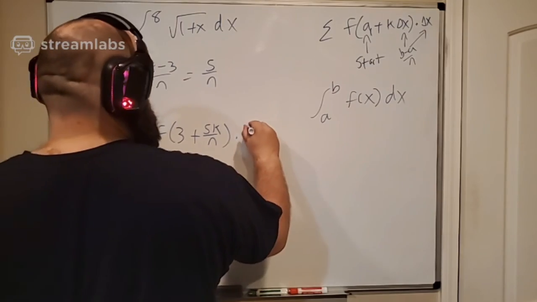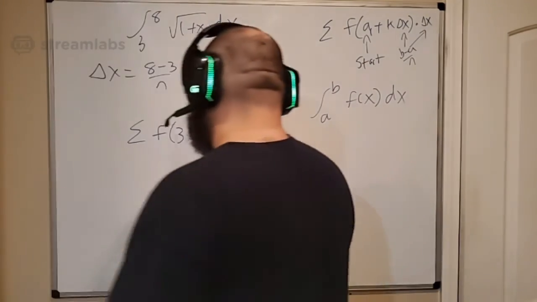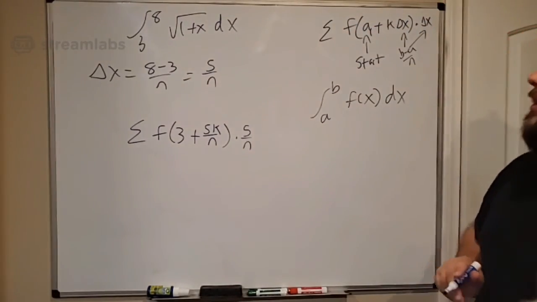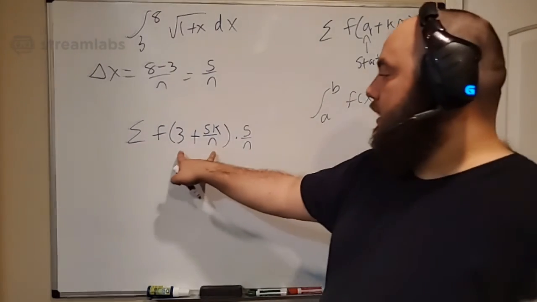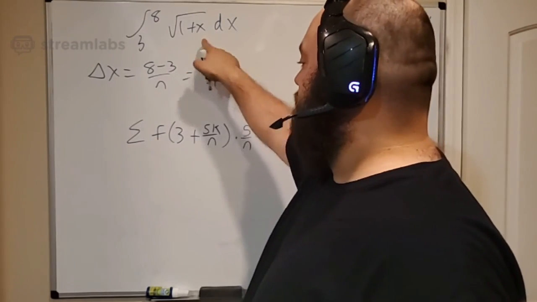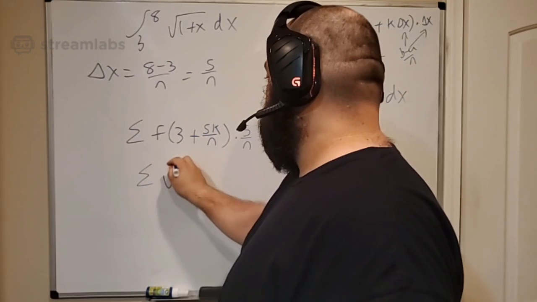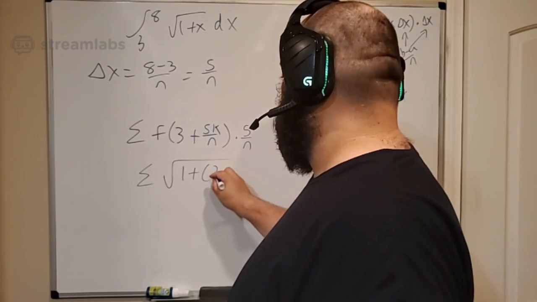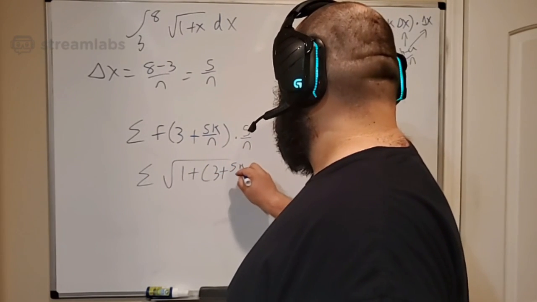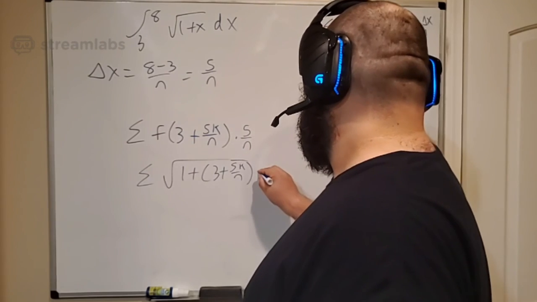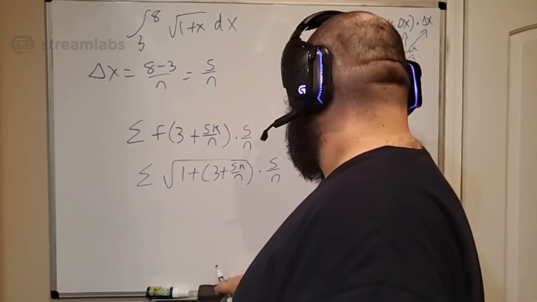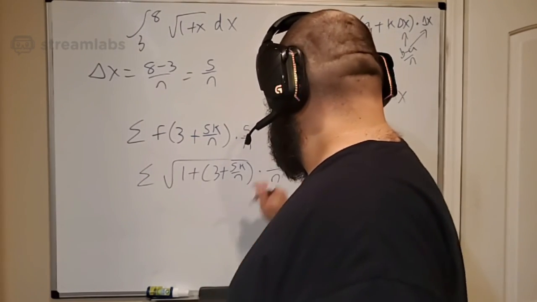Okay, so here they're trying to trick you because when I plug this into my function, this will be the summation of the square root of 1 plus 3 plus 5k over n, times 5 over n. Oh, and 1 plus 3, we can put those together, giving you 4.